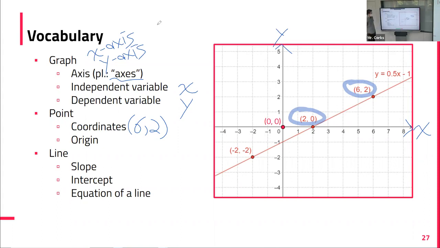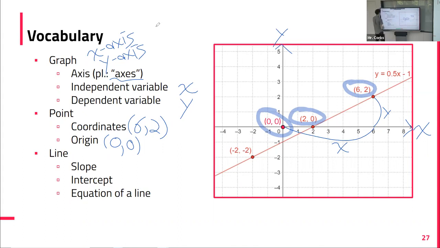What does the 6 represent? X. Okay. The X value, because it's 6 steps over here, and then the Y because it's up by 2. So that's the X, that's the Y. All right, the other, sort of a special point here, is the origin. At point 0, 0, we talk about that a lot. So we have a fancy name for it, the origin.